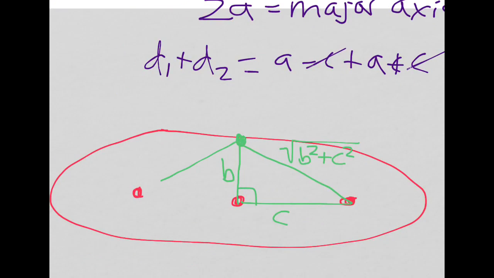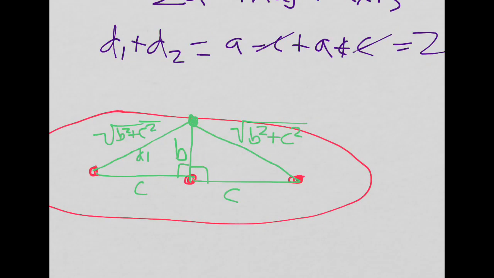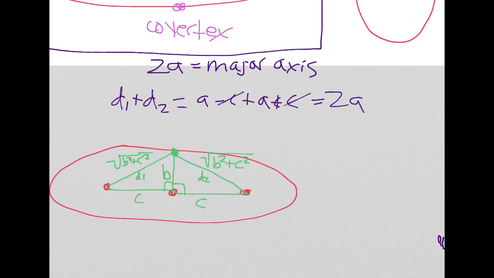And if you think about it, we'd have the same exact triangle to that other focus, and so we get another square root of B squared plus C squared. And we know that distance can be thought of as that constant sum of the distance from the point to each focus.